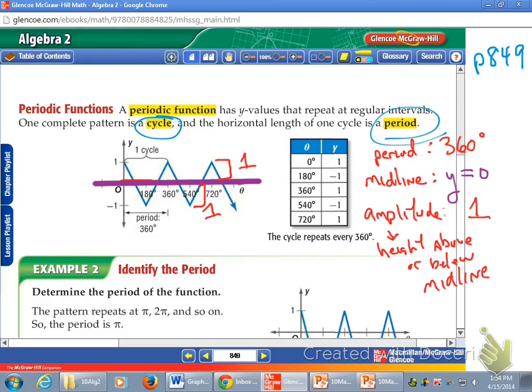And the midline, of course, is the average of the min and the max. Now, we were just kind of talking our way through midline, but let's try the whole average thing and see if that still works. What is the minimum value that I find on this graph? -1. What's the maximum value? 1. So, just to double check, 1 plus -1 divided by 2, that's 0, right? And that's the midline.